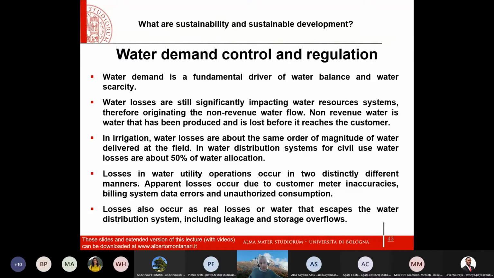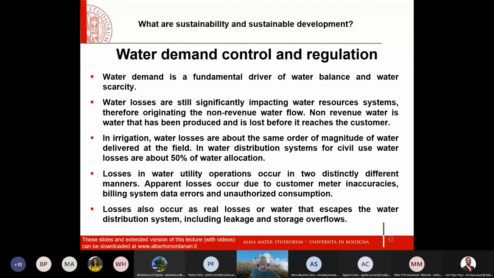First of all, water demand can be lowered by reducing the leakages, by reducing the water losses. And keep in mind that water losses are still very relevant. If you look at agriculture at the global level, the statistics say that half of the water is lost.